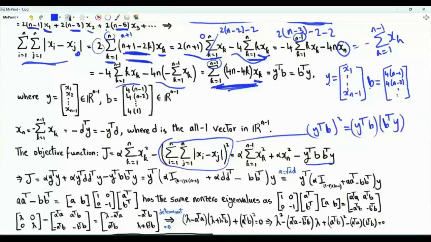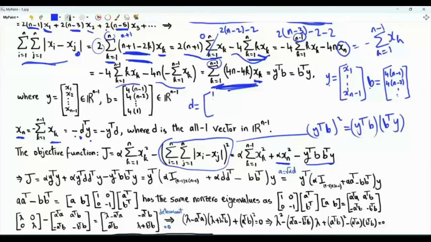The first term is the sum of the squares. We can isolate the nth term as alpha xn squared. We know that xn from the constraint is minus the sum of the other x values. This can be written as minus the inner product of the all one vector in n minus 1 dimensions and vector y, which contains the optimization variables from x1 to xn minus 1.